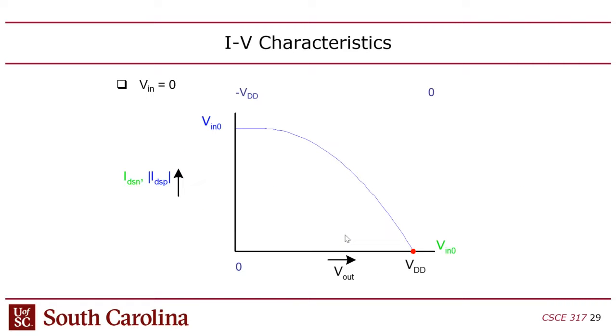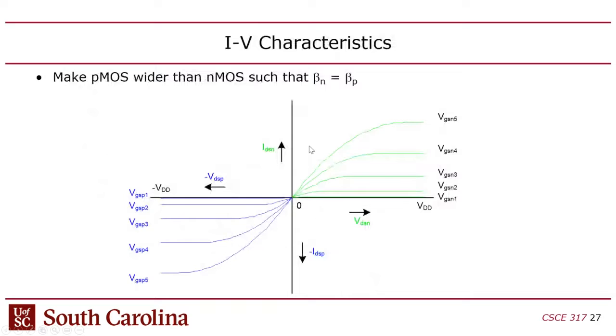Okay, so let me show you how that works. I have some neat slides. Now, one of the things that I think is kind of confusing here, let me back up a minute. So notice this plot. This plot shows the voltages of the PMOS being negative, as they should be, and the currents being negative, right? But the problem is if I show them that way, I can't figure out where they intersect.